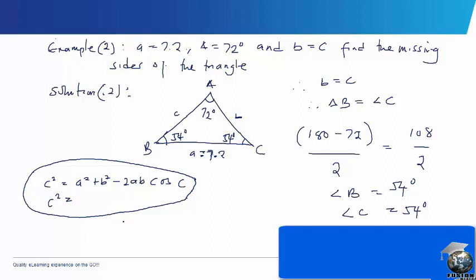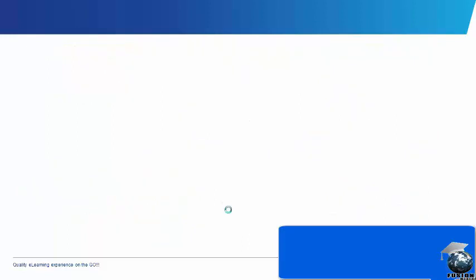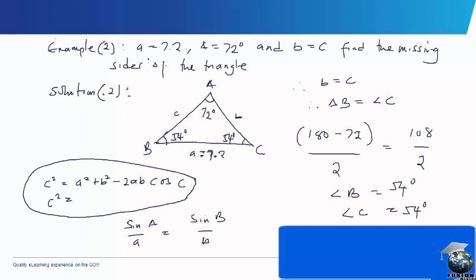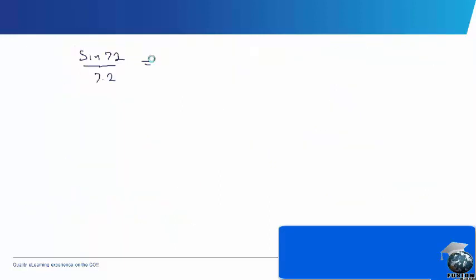For the sine rule, we have that sine A over a is equal to sine B over b. So sine of 72 over 7.2 is equal to sine of 54 over b.